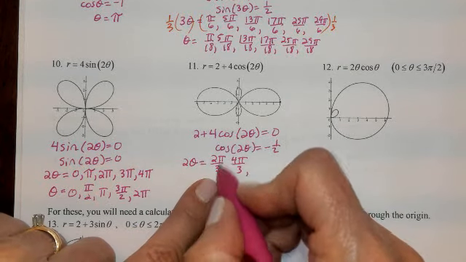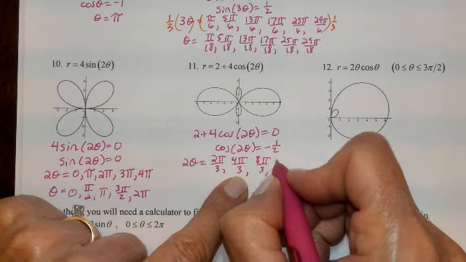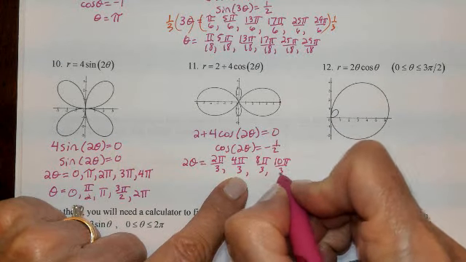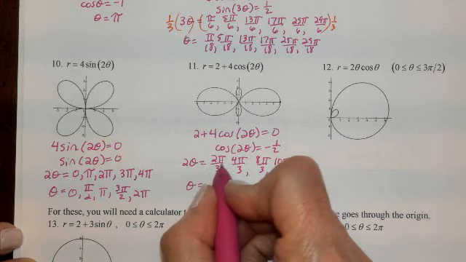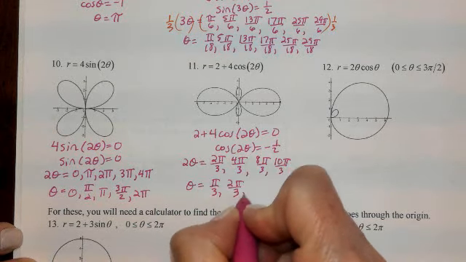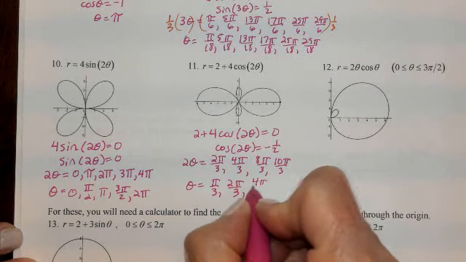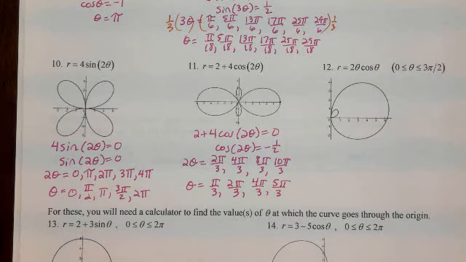So add 6 pi over 3: 8 pi over 3, 10 pi over 3. And now take half of both sides. This will be pi over 3, 2 pi over 3, 4 pi over 3, and 5 pi over 3. All the pi over 3's.